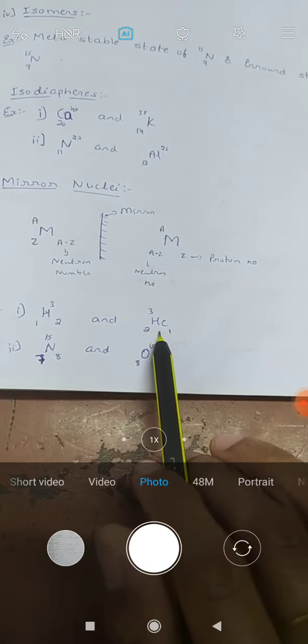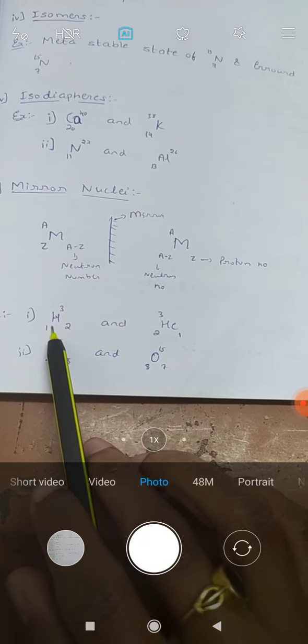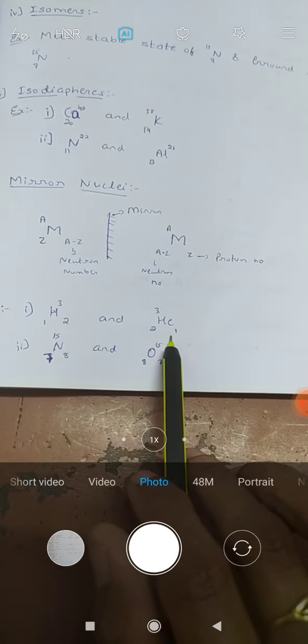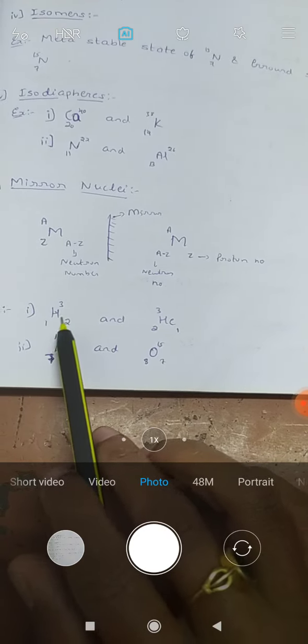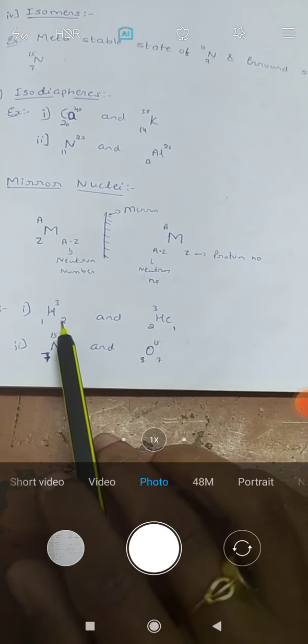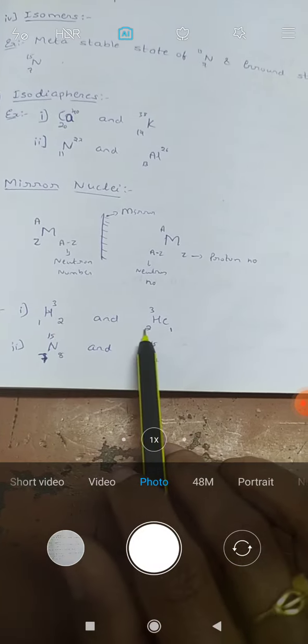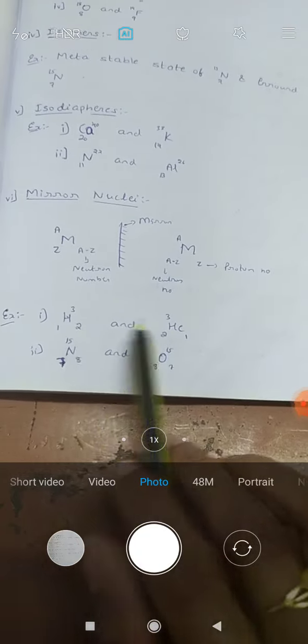It consists of 1 neutron. In first case, it consists of 1 proton, that means the number of protons is equal to the number of neutrons in the other. Here in case of hydrogen, it consists of 2 neutrons. In case of helium, it consists of 2 protons. So number of neutrons 2, here number of protons is 2. So this is about the mirror nuclei.